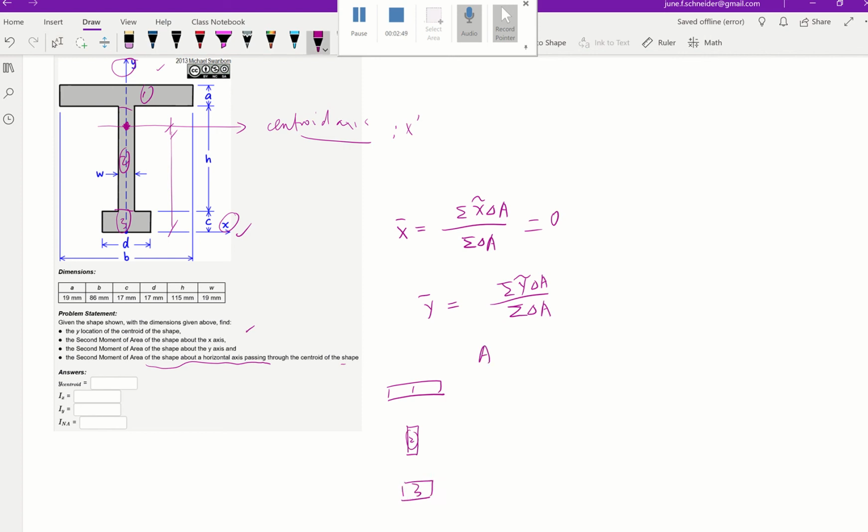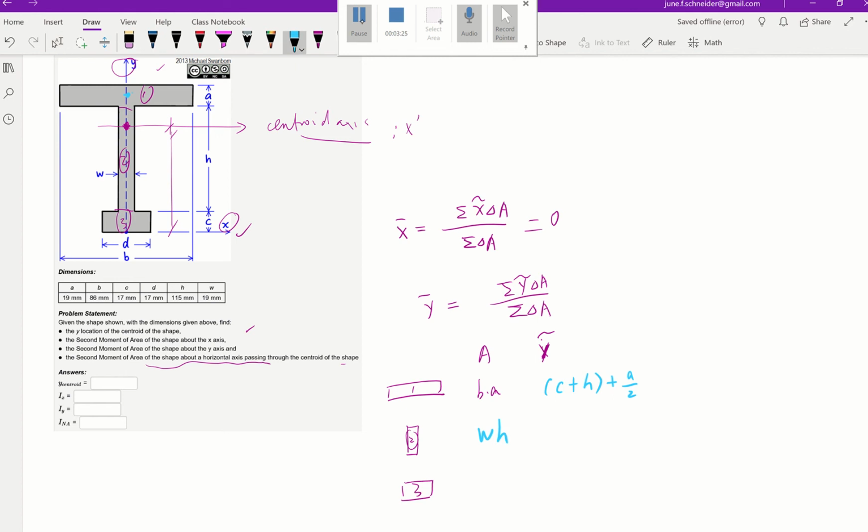The area of 1 will be B times A. We're just going to look at y tilde. If we draw the dot for the centroid, that coordinate will be C plus H plus half A. That's the y coordinate.